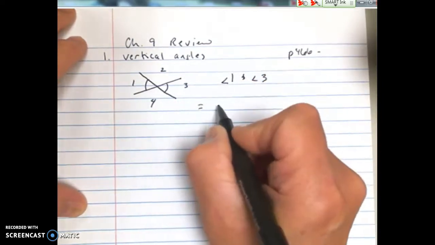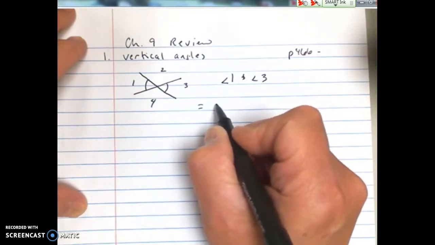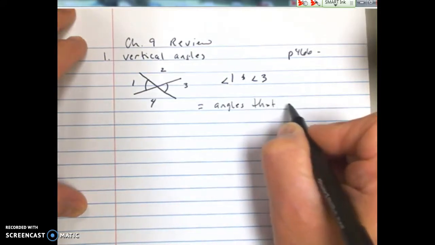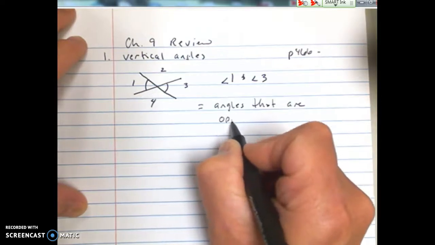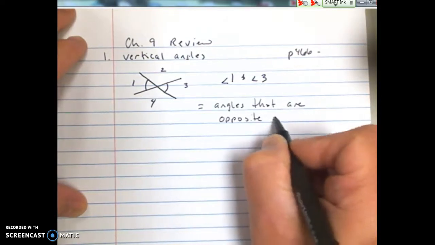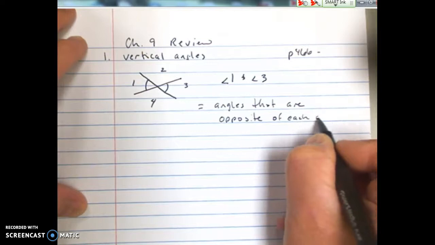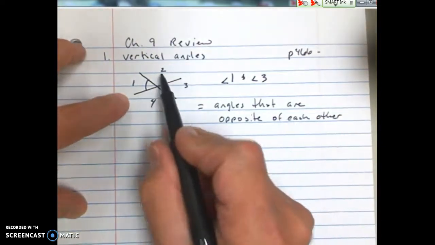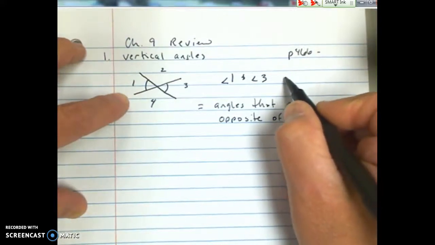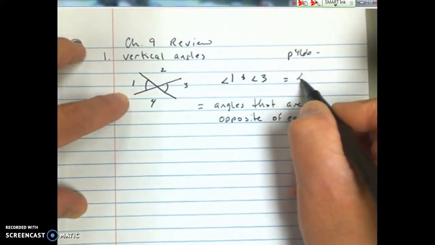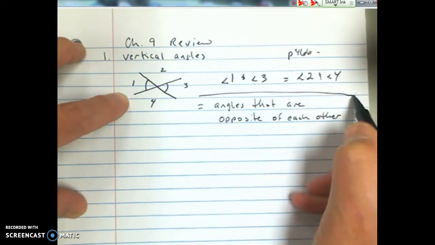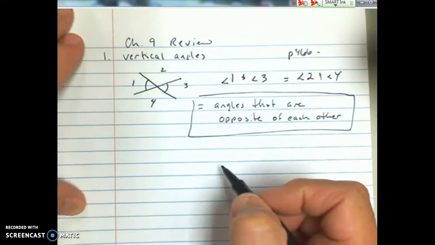Vertical angles are when two lines intersect, they're angles that are opposite of each other. Another example, of course, would be angle 2 and angle 4 are also vertical. But to answer our question, angles that are opposite of each other are vertical angles.